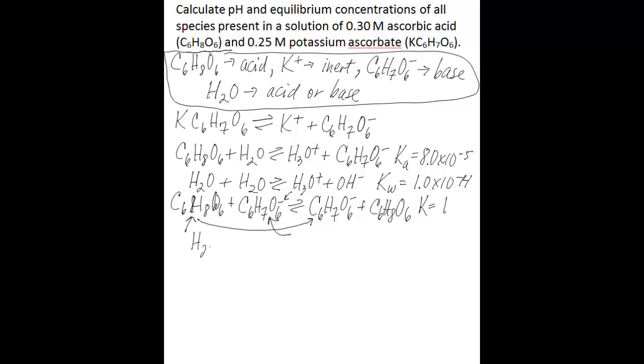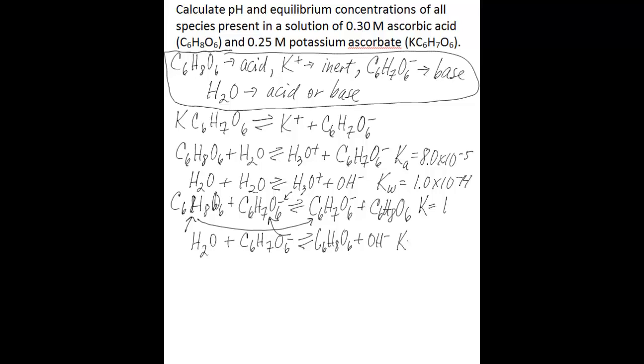And the final possible proton transfer reaction between an acid and a base is one where water is acting as an acid, and we have the ascorbate ion acting as the base, where water transfers a proton to ascorbate to give ascorbic acid plus a hydroxide ion.